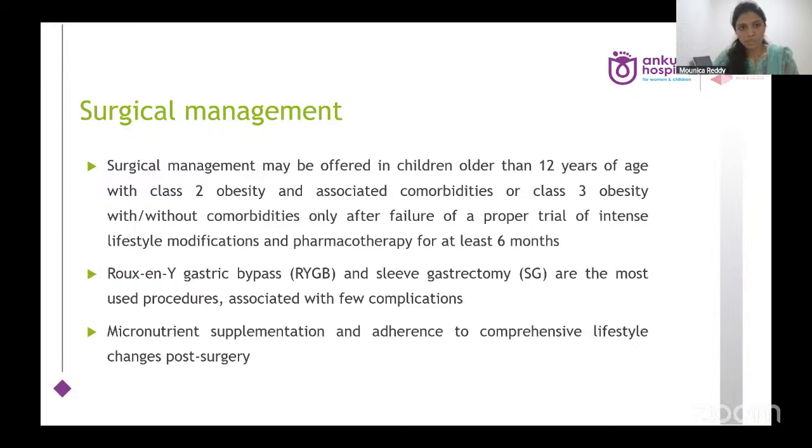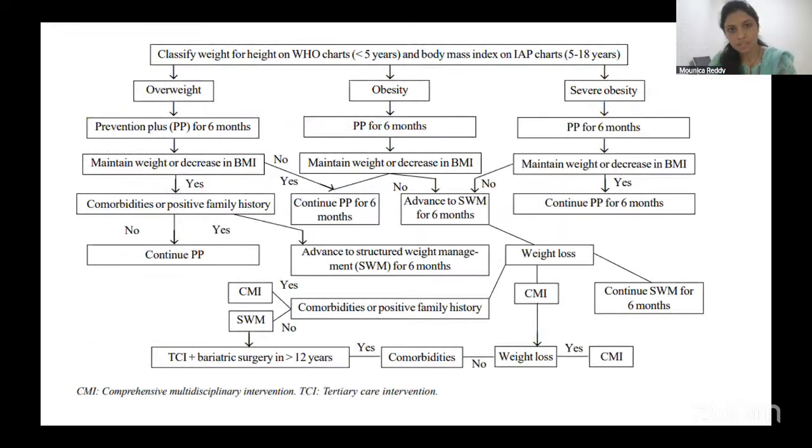So with this, I would come to my last slide. This is a very nice IAP guideline given for the pediatricians. So when we classify a child with BMI as per the BMI charts into overweight, obesity, or severe obesity. If it's an overweight child, try the lifestyle changes, which is called prevention plus, for 6 months.